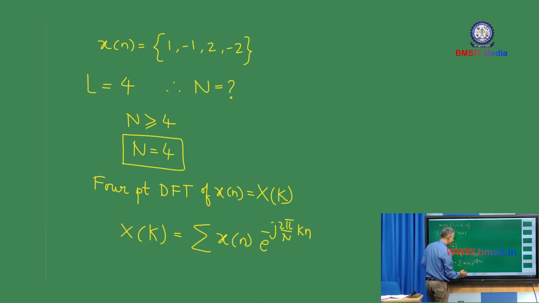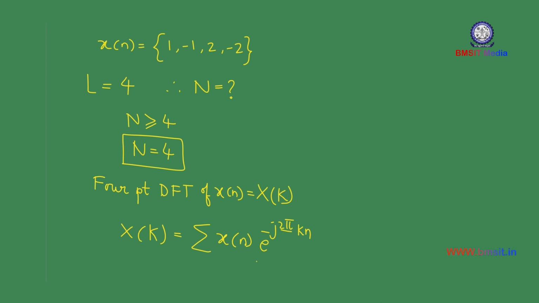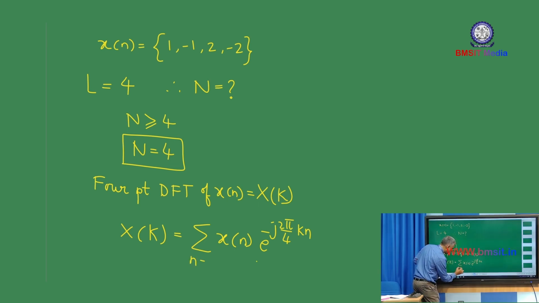In place of N, I can write the value 4. We also know that the range of small n is 0 to N minus 1, that is 4 minus 1, which will be 3. So this is the representation.